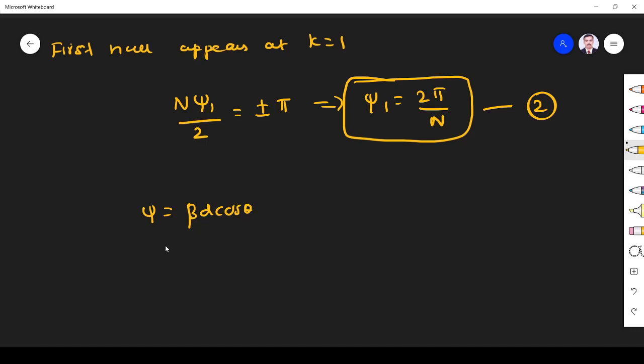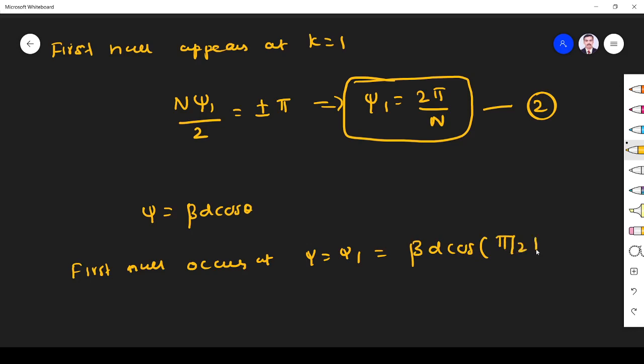So the first null occurs at psi equal to psi 1, that is equal to beta d cos of pi by 2 plus del theta.